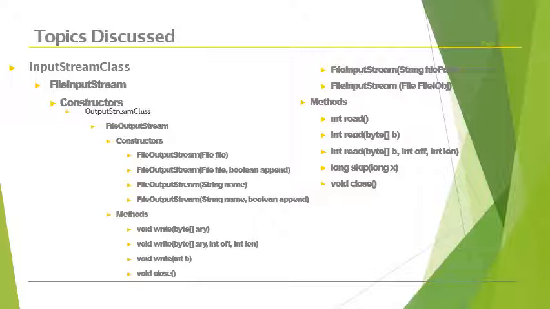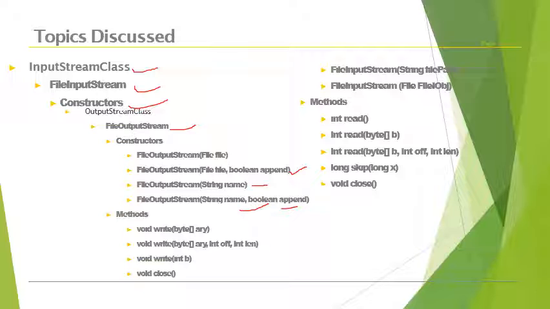So we have discussed the input stream classes, FileInputStream and its constructors, and FileOutputStream and its constructors. The main constructors are FileOutputStream(File, boolean append), where we can give true or false to append to that file, and FileOutputStream(String name) and FileOutputStream(String name, boolean append).